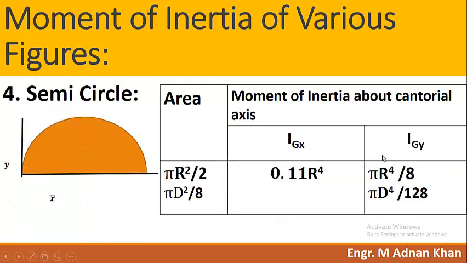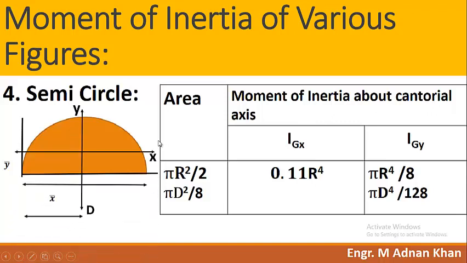The next one is the semicircle, that is a half circle, and the centroidal axis has been shown here. The area of the semicircle is given by pi r square divided by 2. If we take the full circle, its area is pi r square. Dividing it by 2 gives the area of a semicircle, that is pi r square divided by 2, and in terms of diameter it becomes pi d square divided by 8.